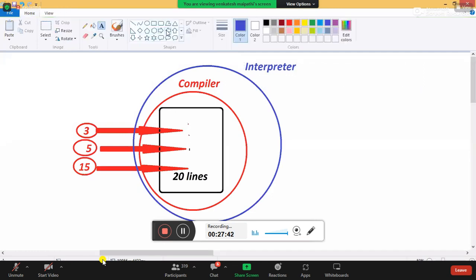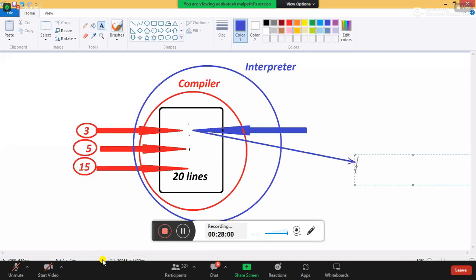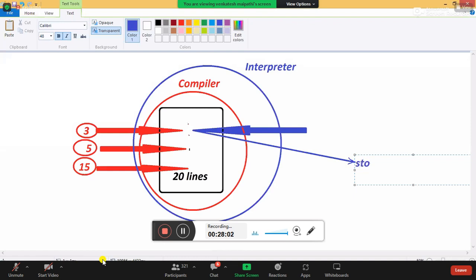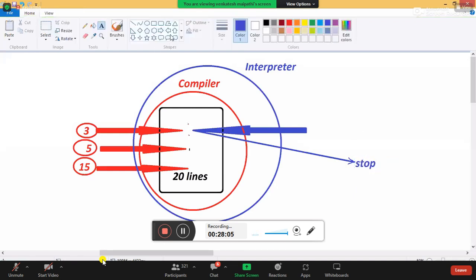Now the interpreter will detect: there is an error in line number 3. It stops the program, comes out, and gives the report to me: there is one error in line number 3.